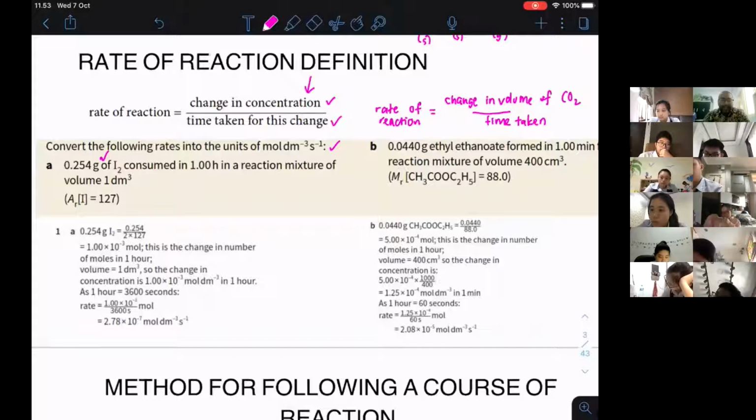You can see what they have done: 0.254 is the mass of I2. They look at the periodic table, 127 times 2, so you get the number of moles. Once you get the number of moles, it's not reflecting on my screen. Just wait for a while, maybe it's lagging.